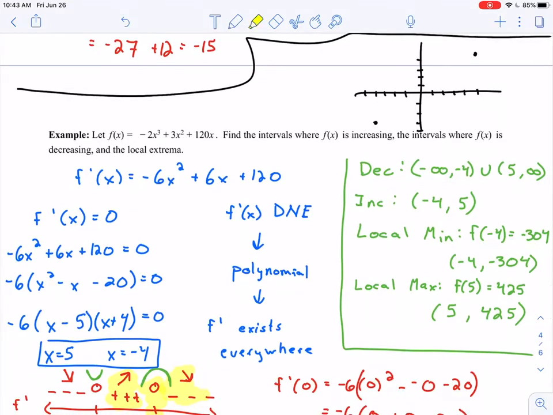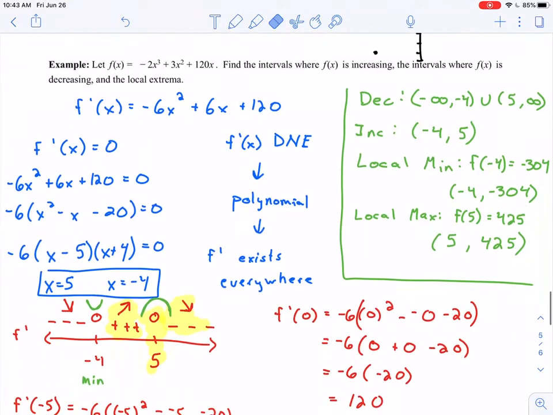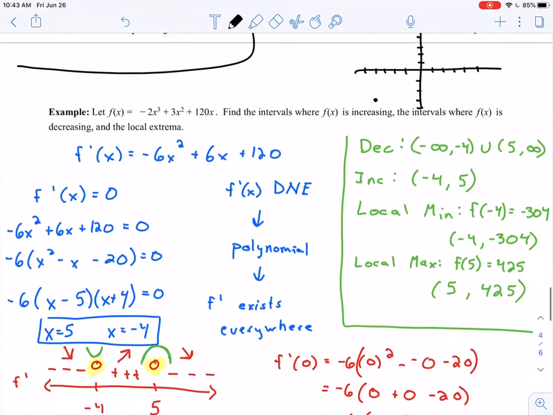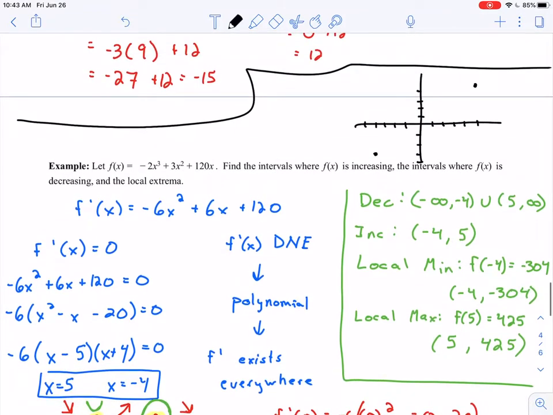And again, I want to check the behavior of my derivative at those points. We said the value of the derivative at both of those points was 0, which means I have a horizontal tangent line. So at negative 4, we've got a minimum right here with a horizontal tangent line.